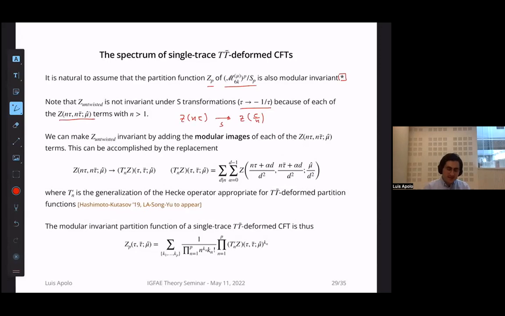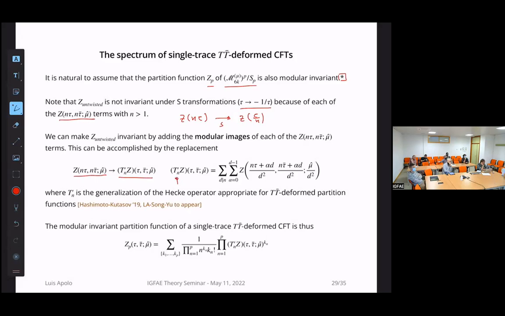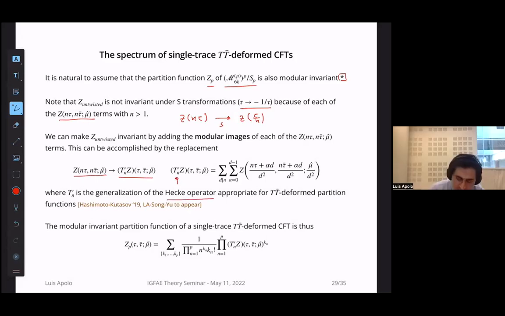And the way to make these contributions, these terms, invariant is by adding all of the modular images under the modular group. And this can be easily accomplished by the following replacement. So we take each of the Zn terms in the partition function and we replace it by these functions, where T here is a generalization of the Hecke operator that is appropriate for a TTbar deformed partition function.